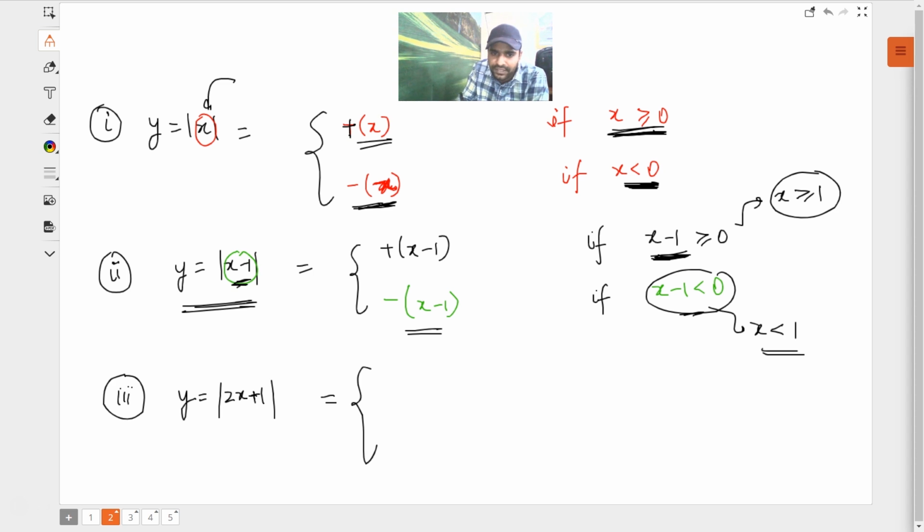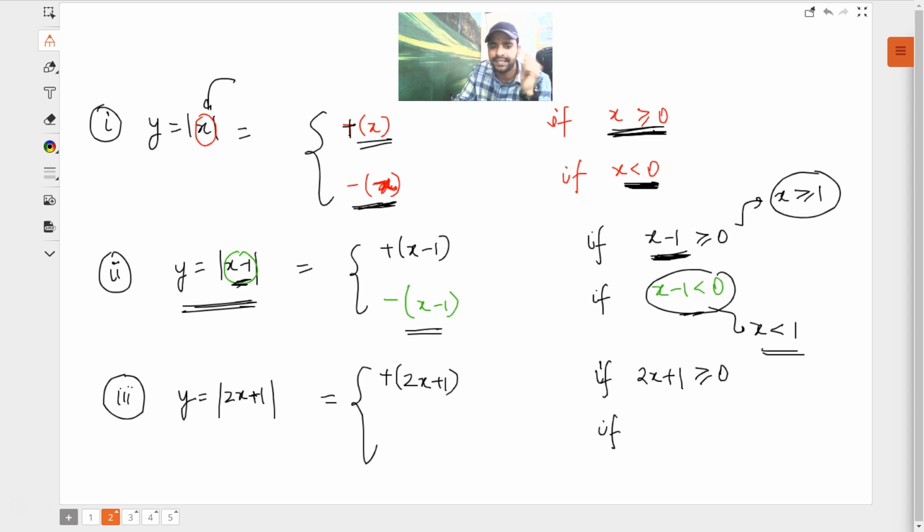How will I take care of that thing? If the thing written inside the modulus, that is 2x plus 1, is greater than or equal to 0, then I'll open the modulus with a plus sign. Everybody clear?